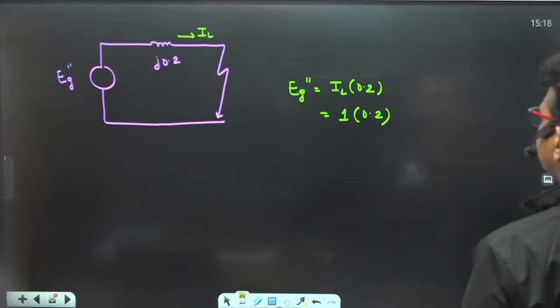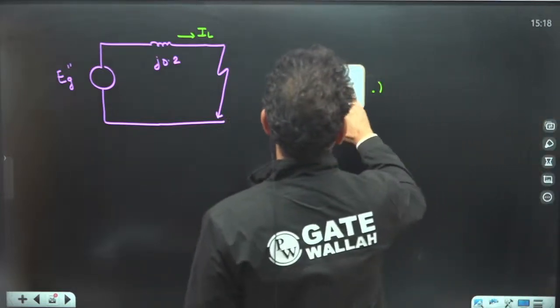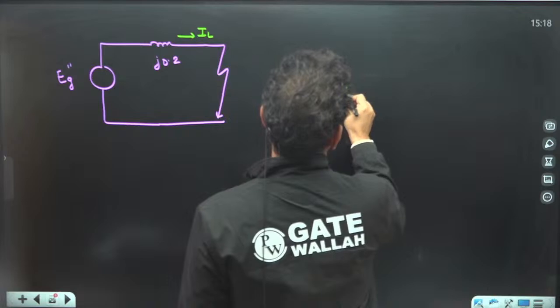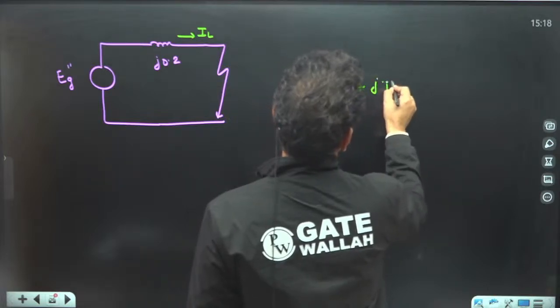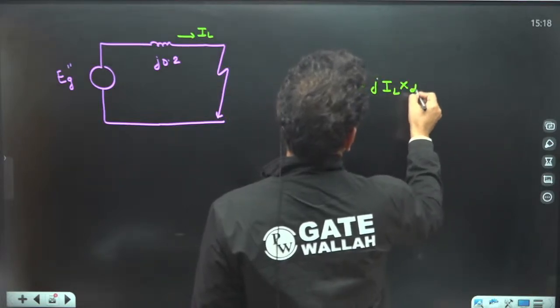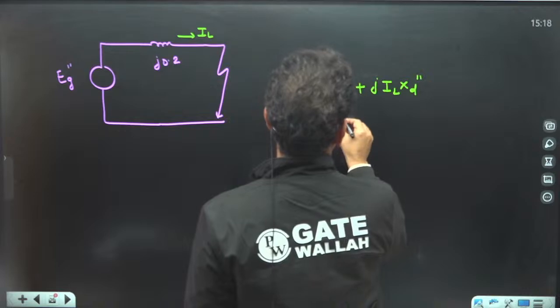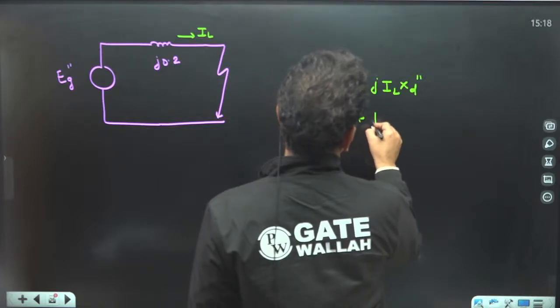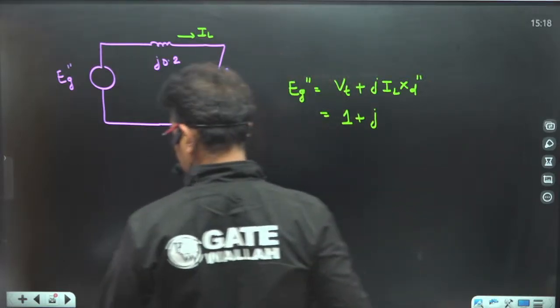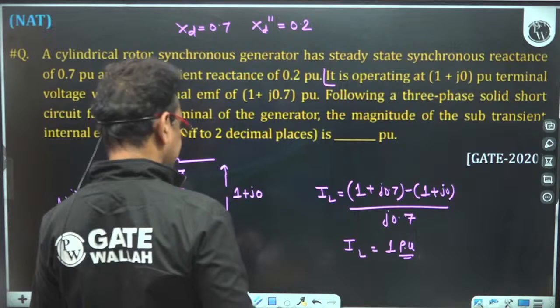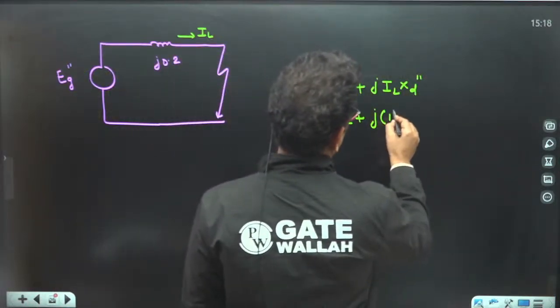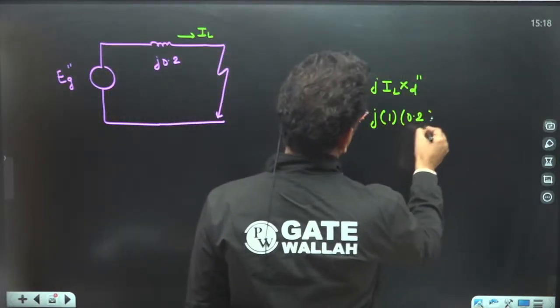Sorry, it will be VT plus j IL Xd double dot. This is the EG double dot. So 1 plus j, IL is 1, Xd double dot is 0.2.